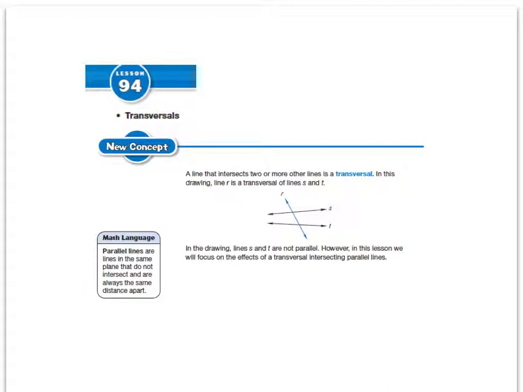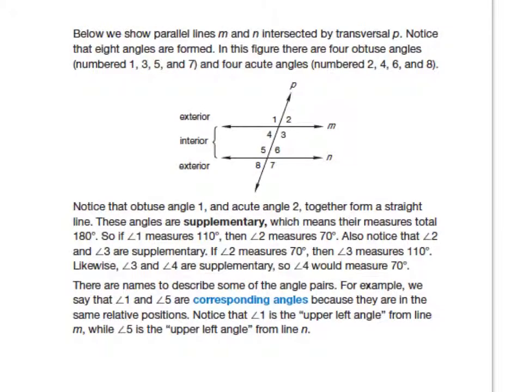So again, S and T in this example are not parallel, but on our next slide, these two lines that we're now dealing with, M and N, are both indeed parallel lines. And it's for the ease of dealing with the lesson. But again, to emphasize that the transversal does not have to go through two parallel lines in order to be a transversal. So below, in our little diagram, we show parallel lines M and N are intersected by transversal P.